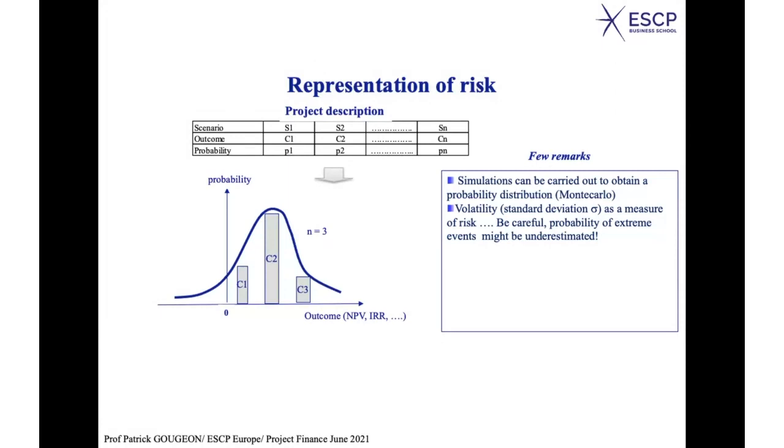As far as risk management is concerned, and as far as we are concerned here in project finance, you have to be careful with that. Why? Because there is something which is well known. Probably my colleagues already told that to you, that if you assume a normal distribution, you tend to underestimate the probability of extreme events.